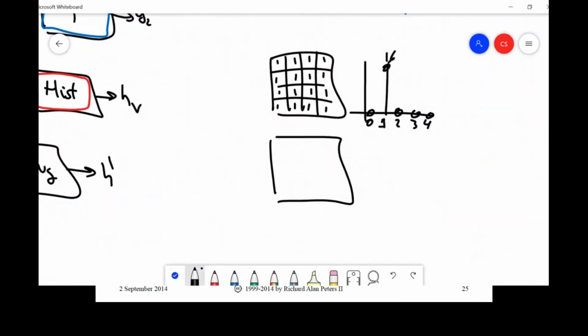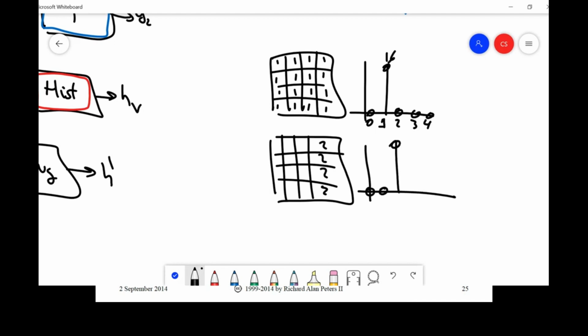So if I multiply my input image by 2, then I have 2 everywhere, all the 2's. And now what is my histogram? My histogram is 0, 0, and then 16 values of 2. So this is histogram 1, this is histogram 2.